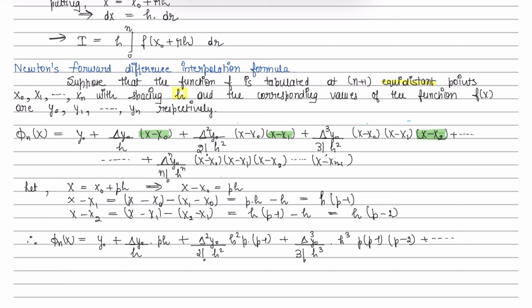We can also cancel the h here. So the final equation will look like this. This was just the recap that we have needed in this lecture.